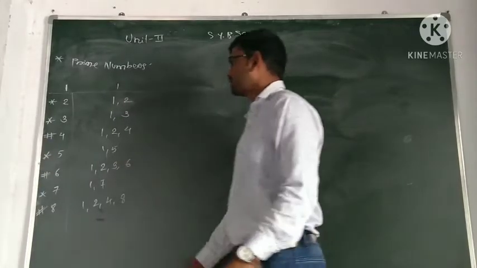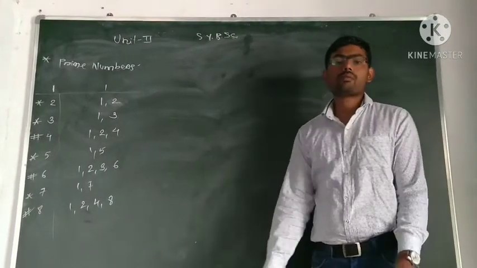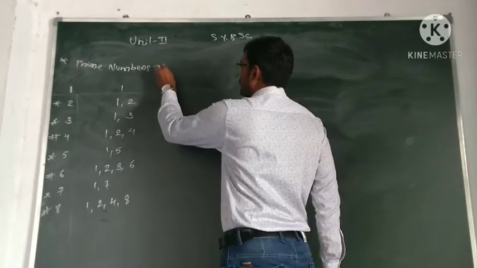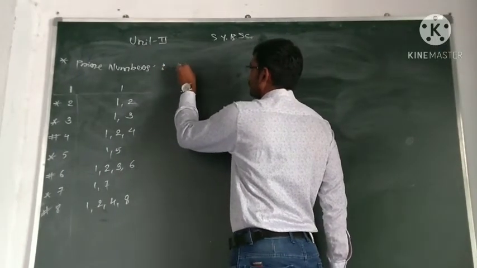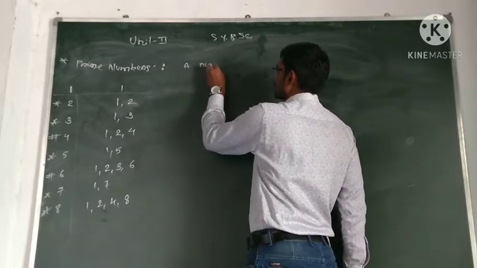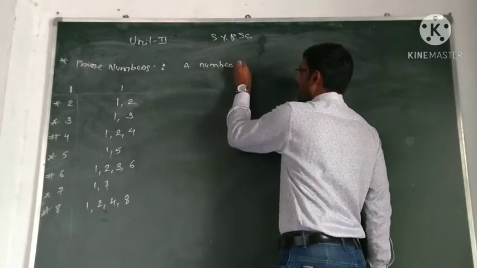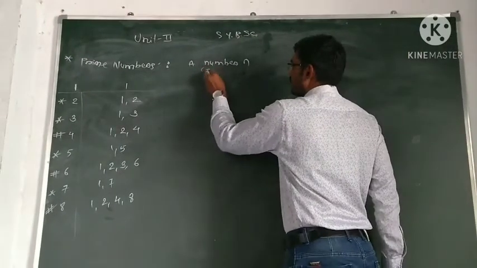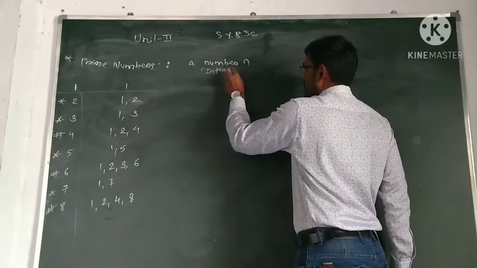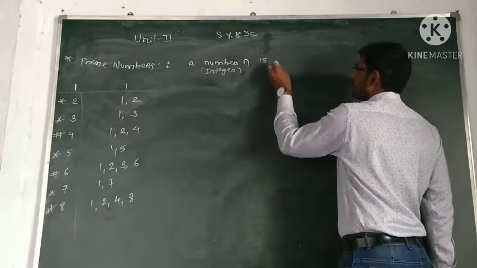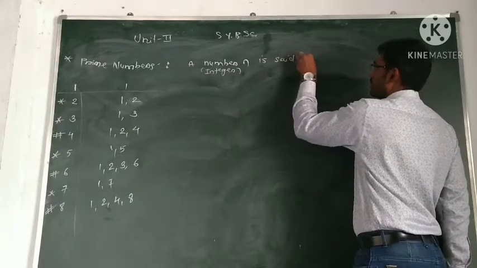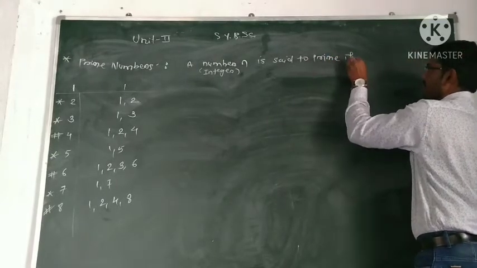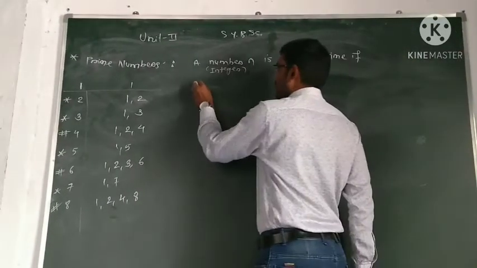Okay. So this is the idea of prime numbers and composite numbers. If you want to write the definition: an integer n is said to be prime if two conditions are satisfied.